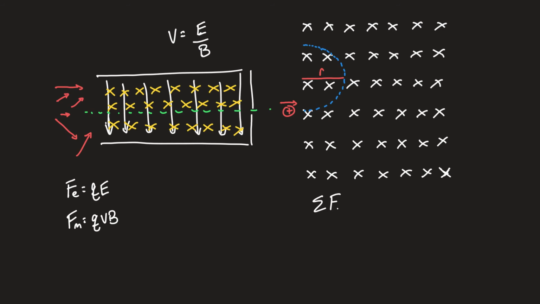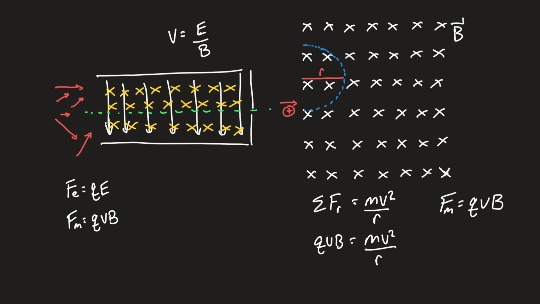Sum of the forces in the radial direction is mv squared over r. And the only force in the radial direction is the magnetic force, qvB sine theta, but again, the magnetic field here, B, is at a right angle with the velocity vector. So we can plug in qvB is equal to mv squared over r, and we get this to cancel.